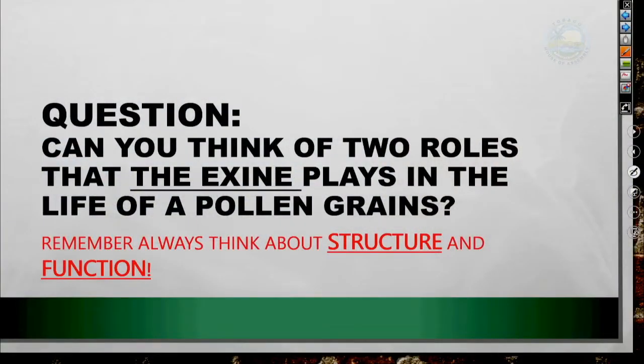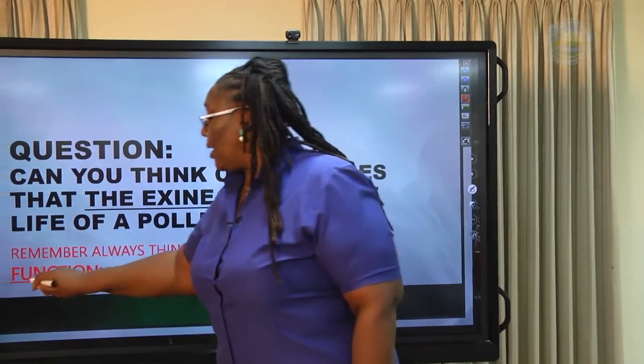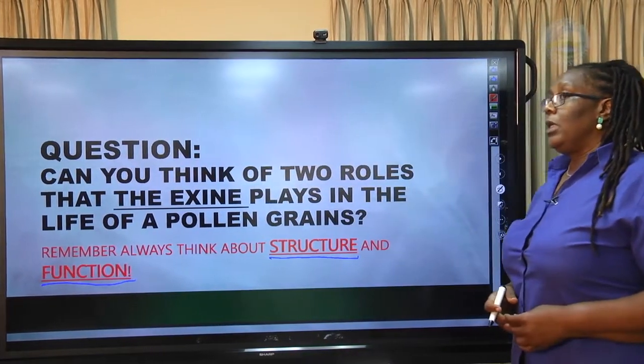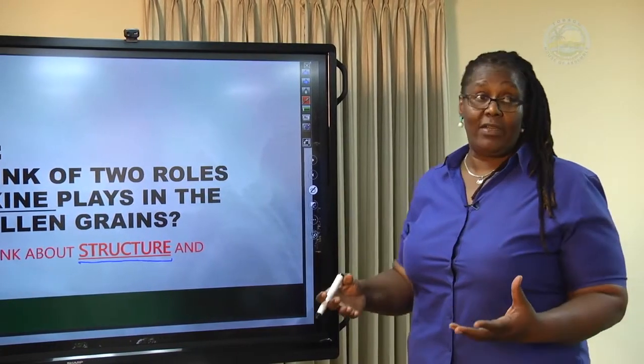Can you think of 2 roles that the exine plays in the life of a pollen grain? And as I said here, always think about structure and function. So any topic you're on, think about structure. If you're dealing with the kidney, think about what is the structure of the kidney.